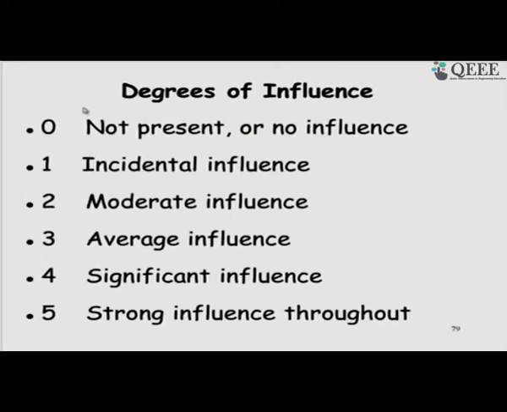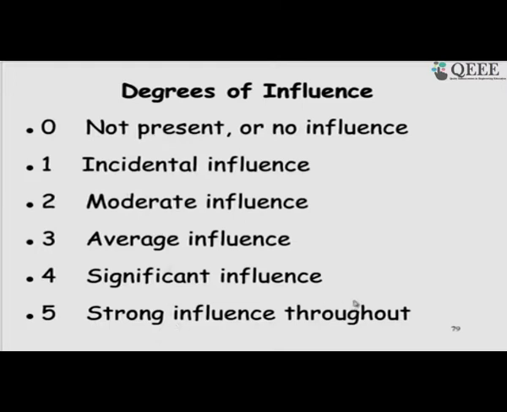So, 0 to 5 for each of those factors, how much they influence the development complexity. That is called the degree of influence. If it is 0, then it is not present, and then there are progressively larger influences on the system, up to strong influence throughout.